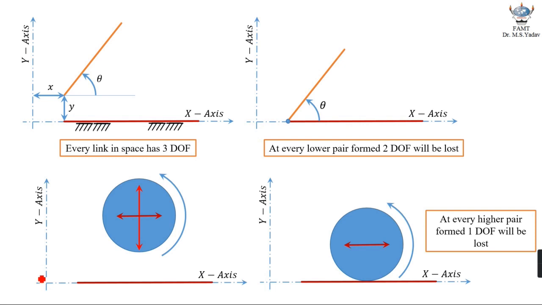Whenever that link forms a turning pair, or a lower pair, 2 degrees of freedom will be lost, and when a link in a space forms a higher pair with any other link, 1 degree of freedom will be lost.